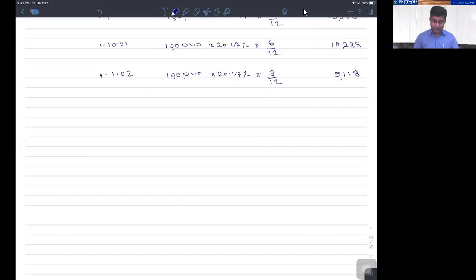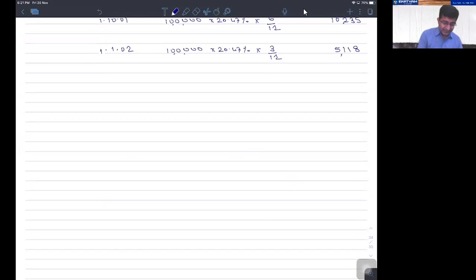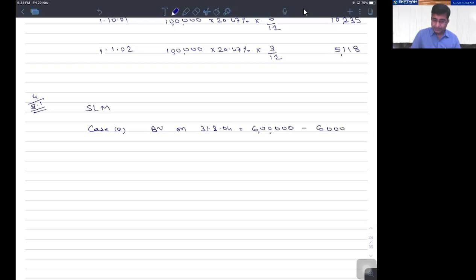Now, first of all, we'll go through the SLM. Question number 4 on page number 8.1. Under SLM, case A. Book value on 31st March 2004 will be equal to what? 6 lakh minus 60,000 into 3.